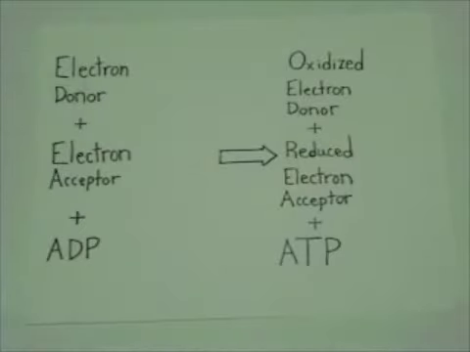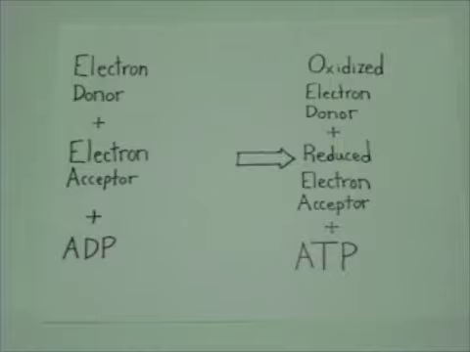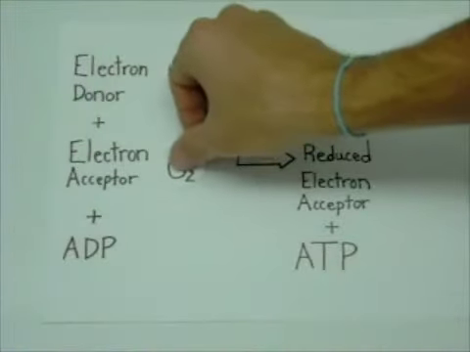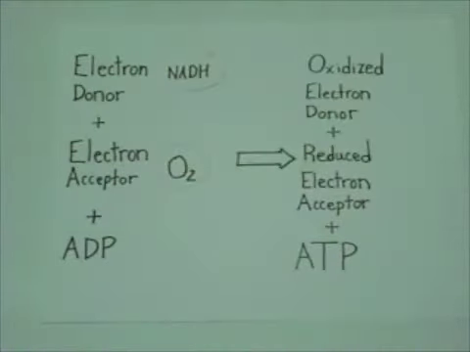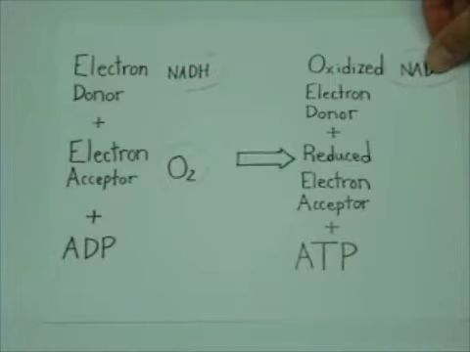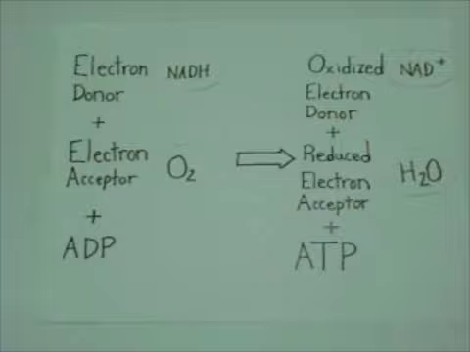The products of the process are ATP, an oxidized electron donor, and a reduced electron acceptor. Commonly, NADH is an electron donor, whereas oxygen is an electron acceptor. As we learned before, NAD+ is the oxidized form of NADH, and H2O becomes a reduced form of oxygen.